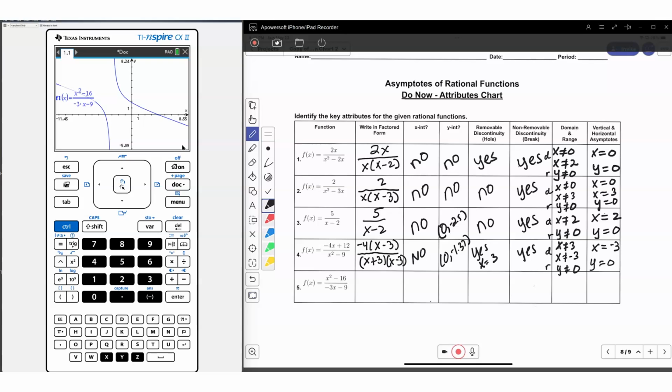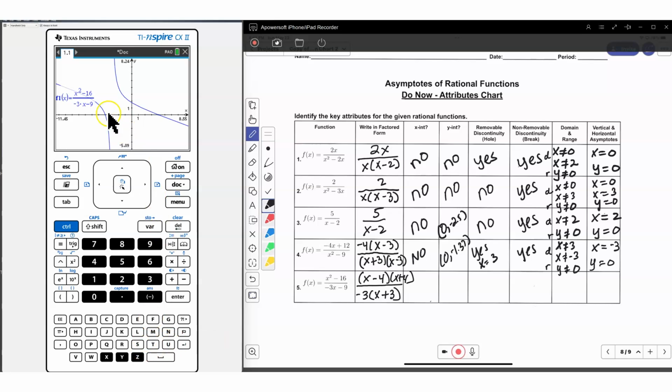We have x squared minus 16 divided by -3x minus 9. It's not in factored form. The factors are x minus 4, x plus 4, and for the denominator, -3 times x plus 3. So now, does it have an x-intercept?